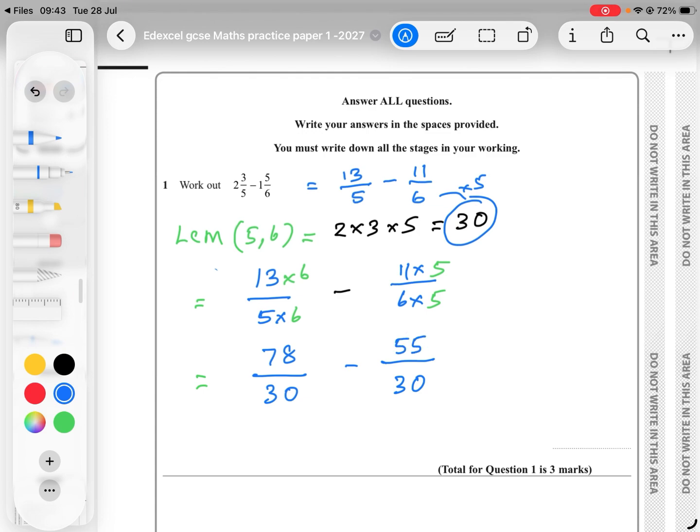Now, both are improper fractions. So you can take away now because the denominators are equal. So you need to put only one denominator, 30, over 78 take away 55, 23.